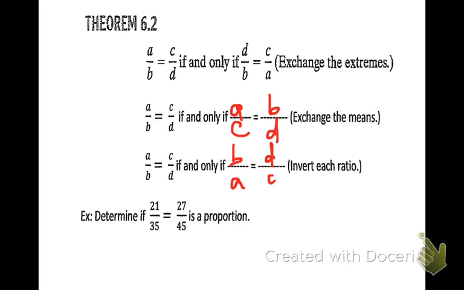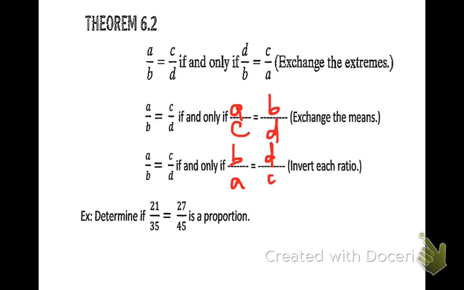Example, determine if 21 over 35 equals 27 over 45 is a proportion. Okay, we have to determine if that is a proportion. How do we do it? Cross multiply.